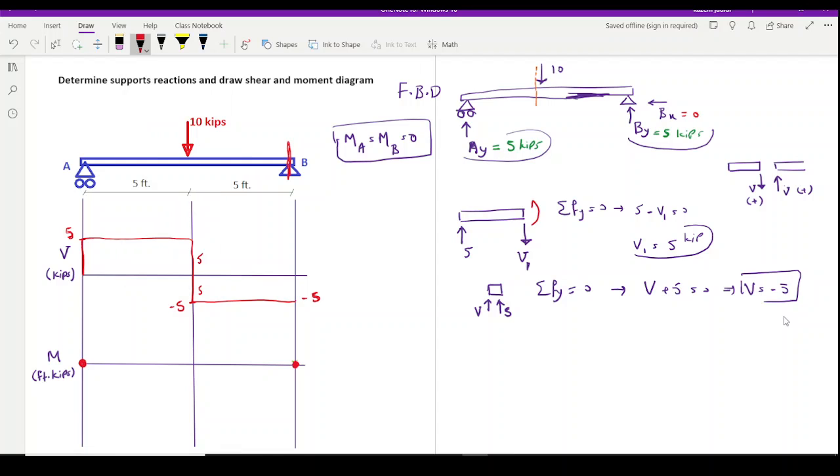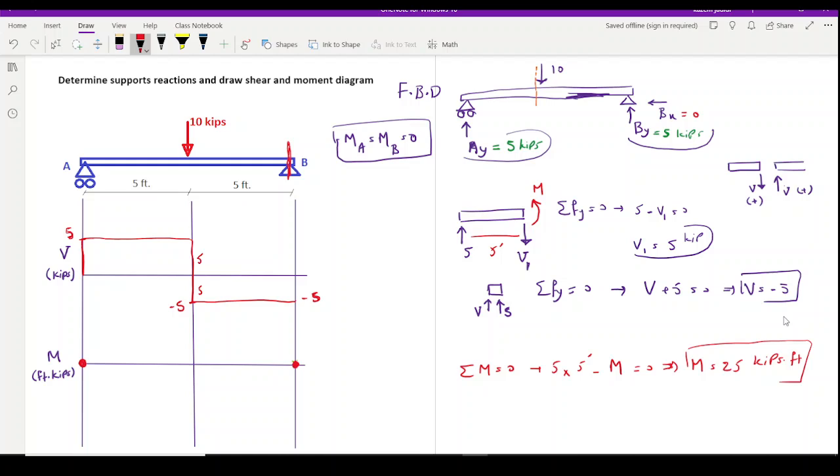So I just draw M in here, and I'm writing down sigma M is 0, then 5 times, because this distance is 5 feet, times 5 feet minus M is 0. From there, M is 5 times 5, 25 kip feet.